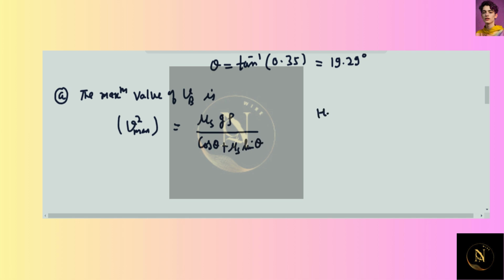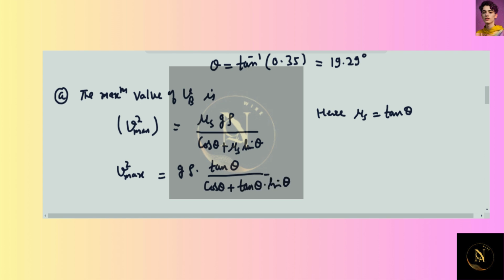Here mu s is equal to tan of theta. So we can write v square max to be g into rho tan of theta upon cos theta plus tan theta into sin theta.